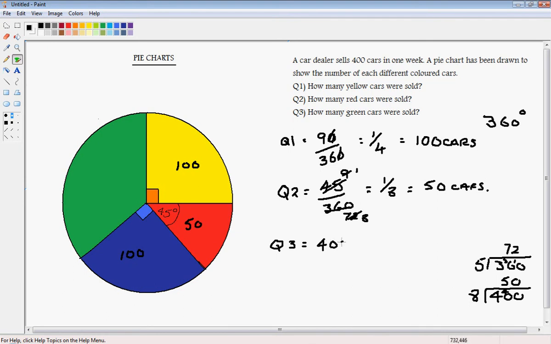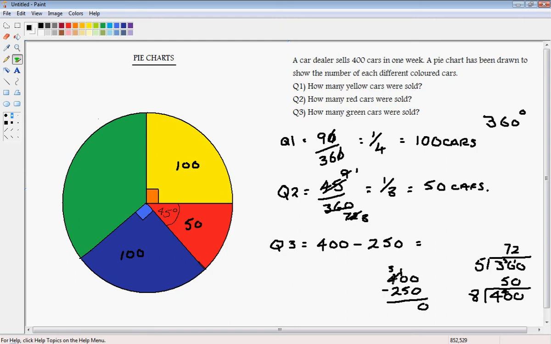So it will be 400 cars sold minus, now we have 100, 200, 250. So we can take 250 away from that. We do a little sum: 400 take away 250. Nothing from nothing is nothing.